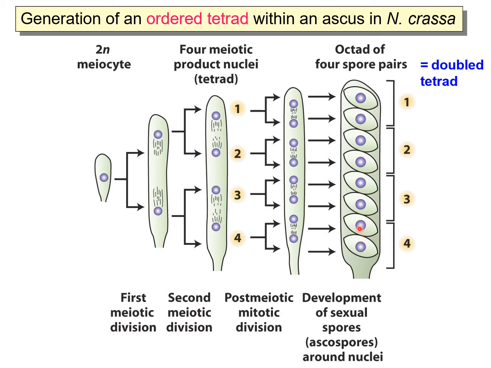There are four pairs, therefore it is called an octet of four spore pairs. This is the development of the sexual spore, that is, the development of the ascospores around the nuclei. Thus this is the way we can see how the ordered tetrad is formed within the ascus in Neurospora crassa.